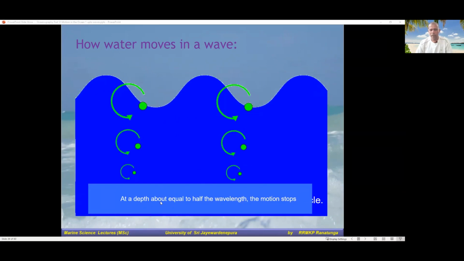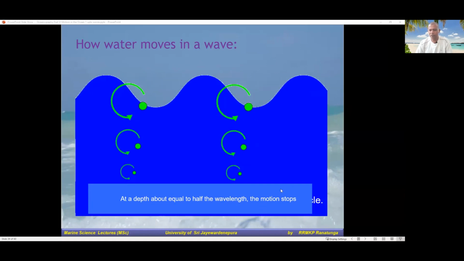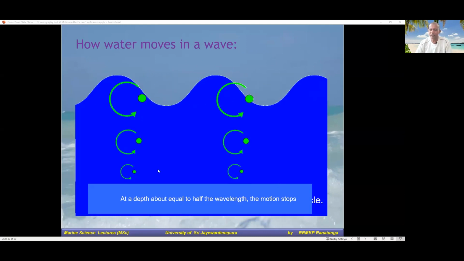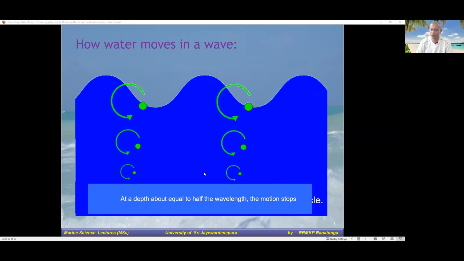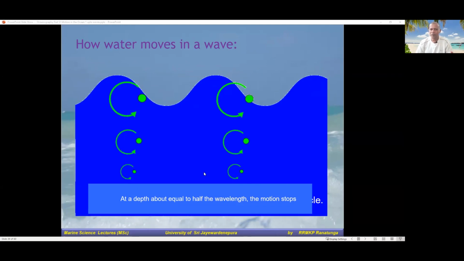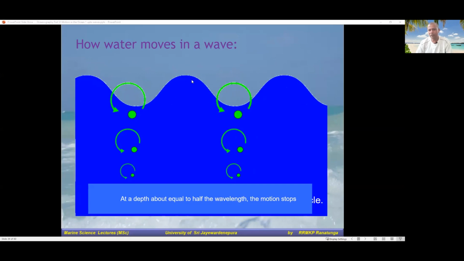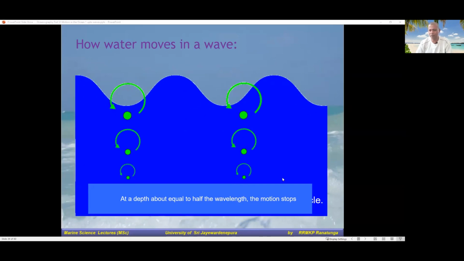See, at a depth about equal to half the wavelength, the motion stops, right? So at half the wavelength there won't be any motion in the particles, which means the wave will only be affecting the top half wavelength, and not anything below.